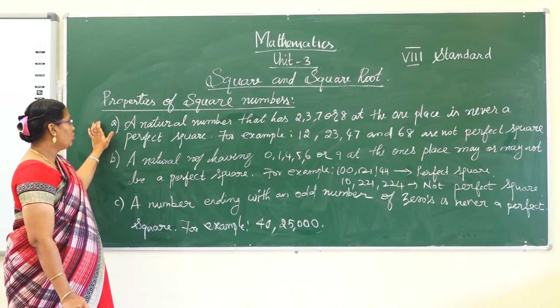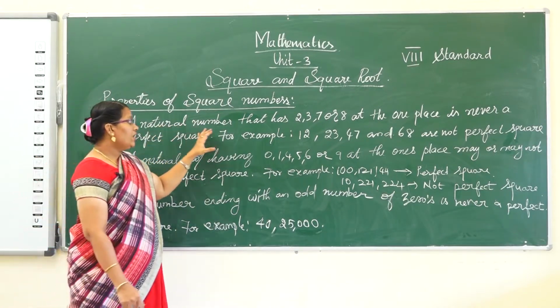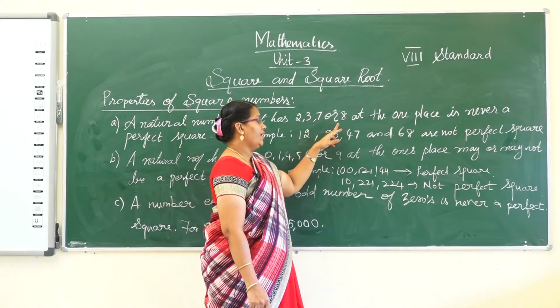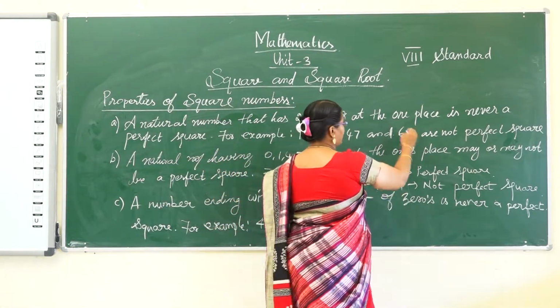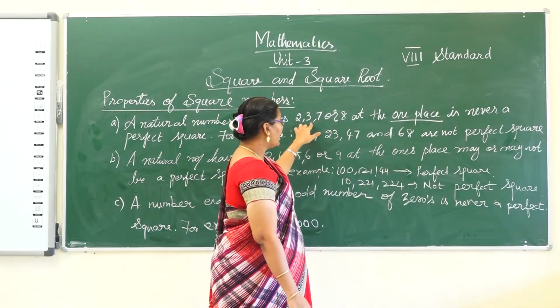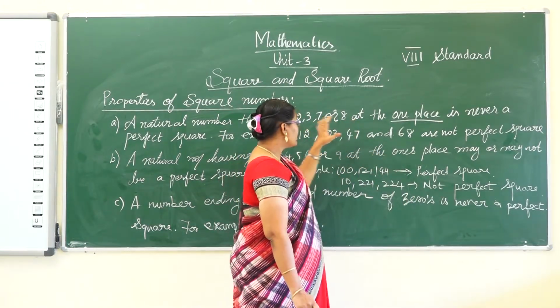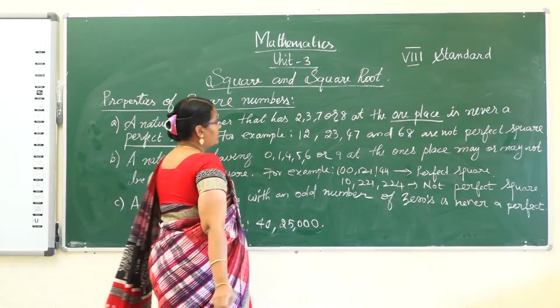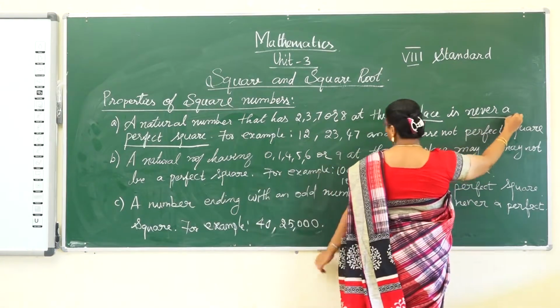The first one: a natural number that has 2, 3, 7 or 8 at the ones place is never a perfect square.